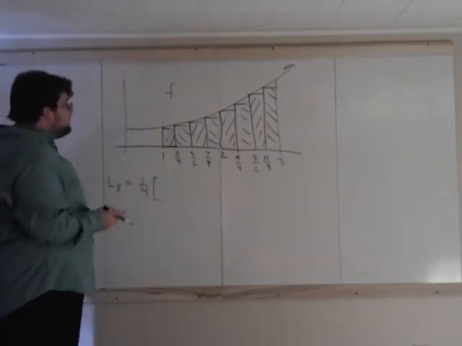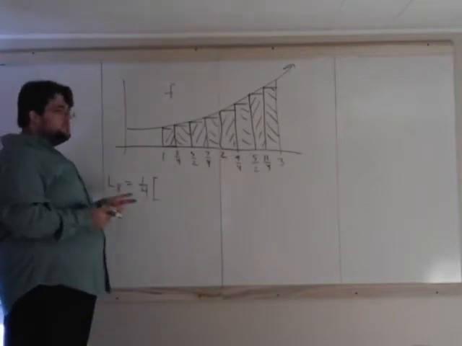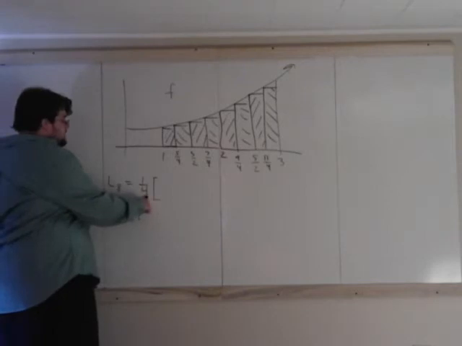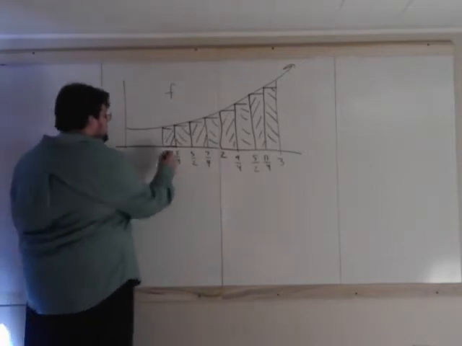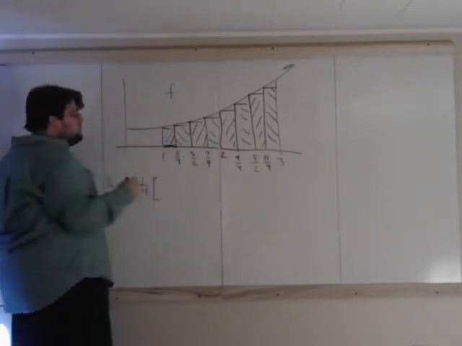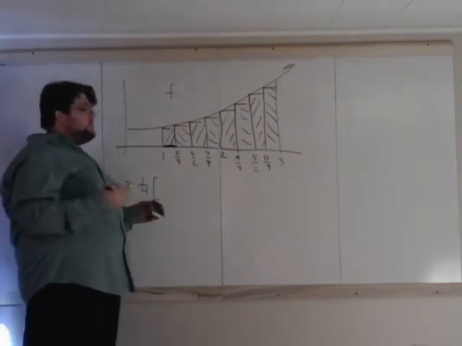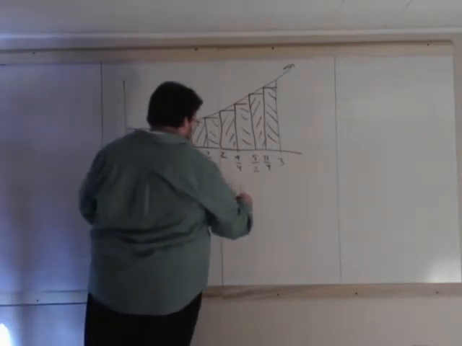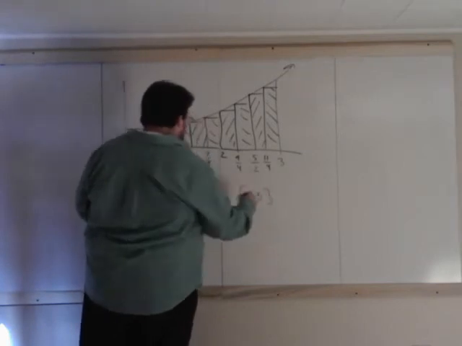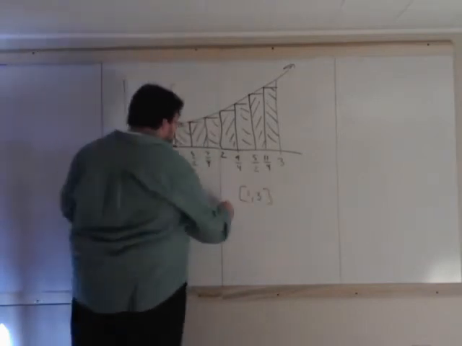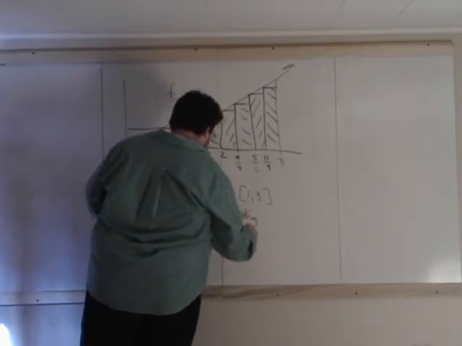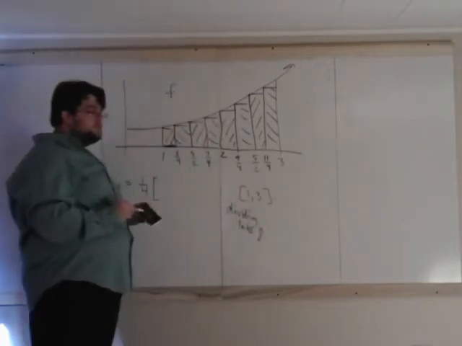Actually, before going from there, let's make 2 observations about this. First, this being 1/4, you could get that from looking at this piece. You could have also gotten it without a diagram, because in this example, we're taking the interval 1 to 3, and we're dividing it into 8 pieces.